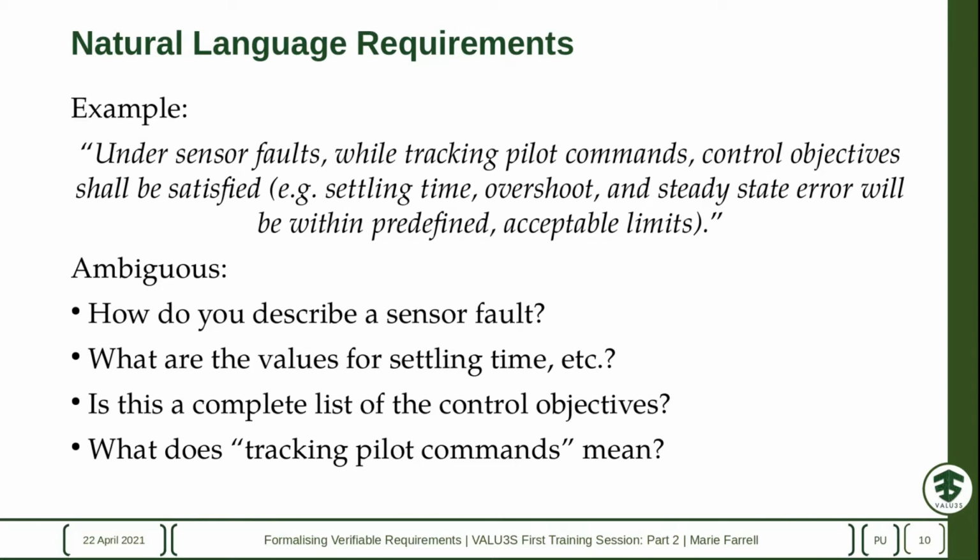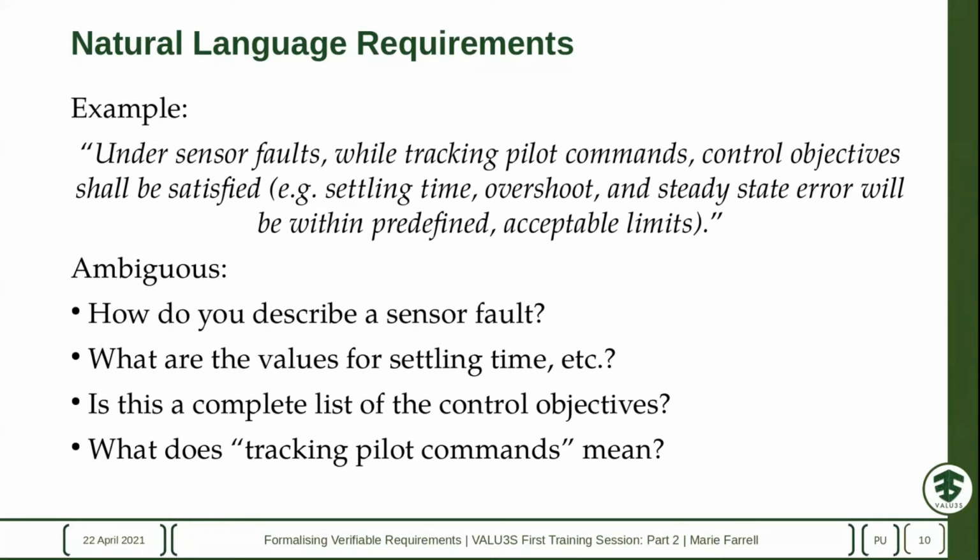Because, for example, it doesn't describe what it means for a sensor fault to occur. Of course, an engineer will know what that means. But when it comes to verifying the system, we need to write these properties down in a way that's traceable, rather than letting someone use their intuition when they're given this requirement, so that it can be properly documented. It also doesn't tell us things like what the values are for settling time or the overshoot.